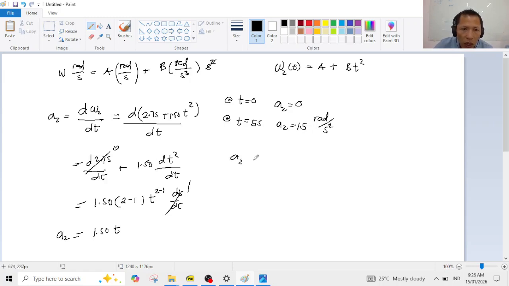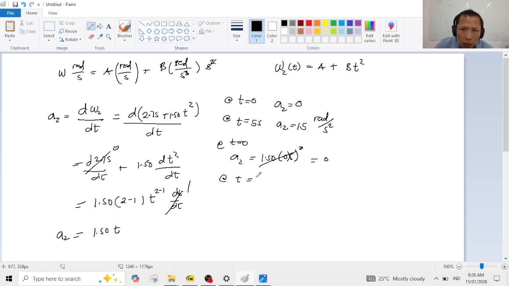Then we substitute t equals 0 seconds, which gives 0, so alpha z at t equals 0 is also 0.